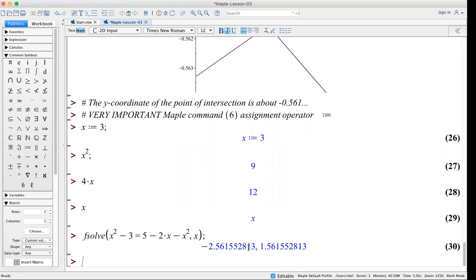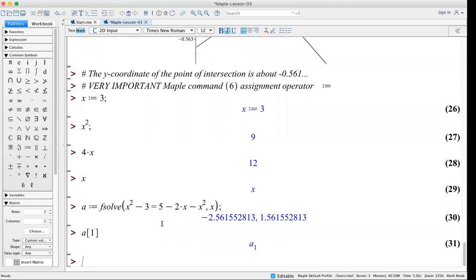Suppose I want a way to remember these things. I can do the following. I can say let A be assigned whatever this is. And it turns out there are 2 numbers here. So the computer stores them as A square brackets 1. That's the first number.